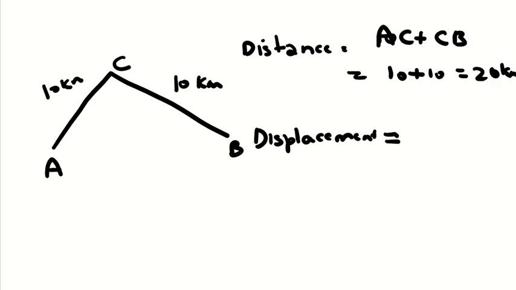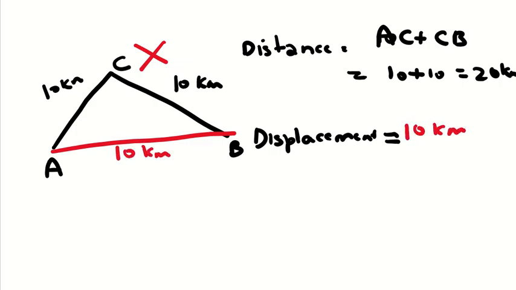The shortest path required to reach B from A is not going from A to C and then to B, but going in a straight line. If this is 10 kilometers, the displacement is going to be 10 kilometers. Okay, are you guys clear about that?